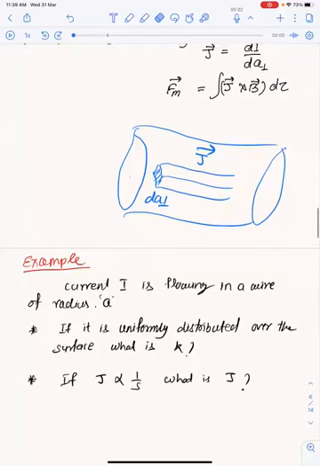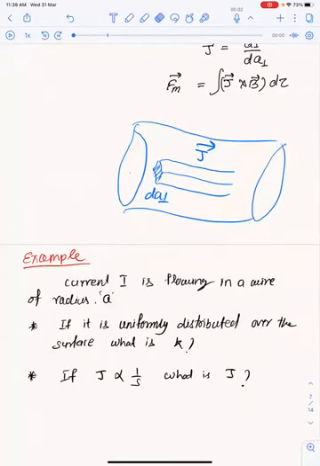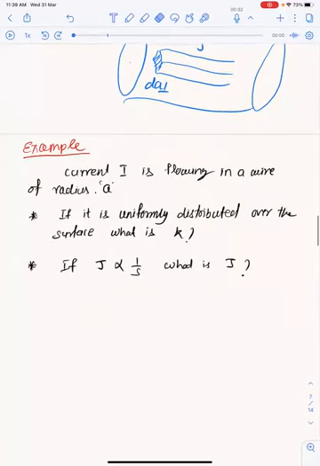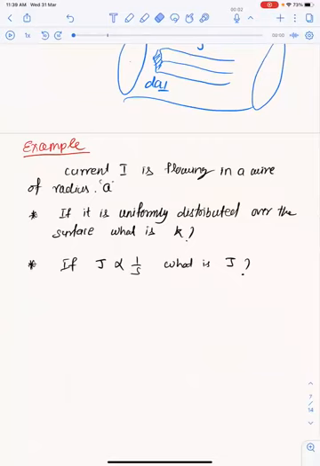Just to emphasize this more, let us discuss a simple example. Think of a current I flowing in a wire of radius A. What if it is uniformly distributed over the surface? What is your K? The current I is uniformly distributed over the surface of the wire.